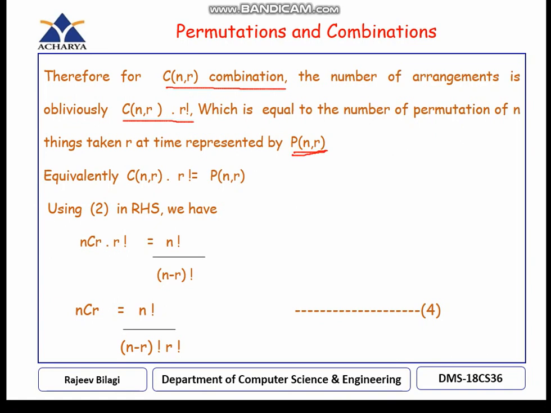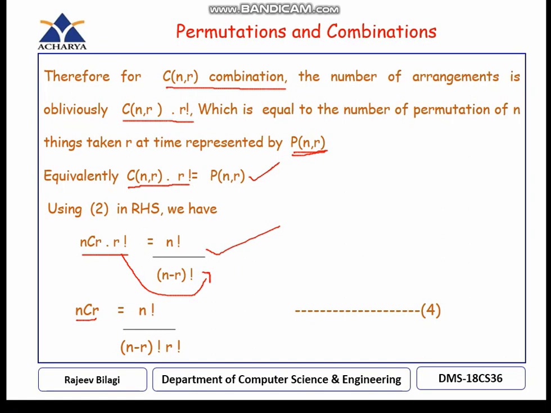So I can write C of n r into r factorial is equal to P of n r. Using this in the previous equation number 2, I get nCr into r factorial, which is equal to n factorial divided by (n minus r) factorial.